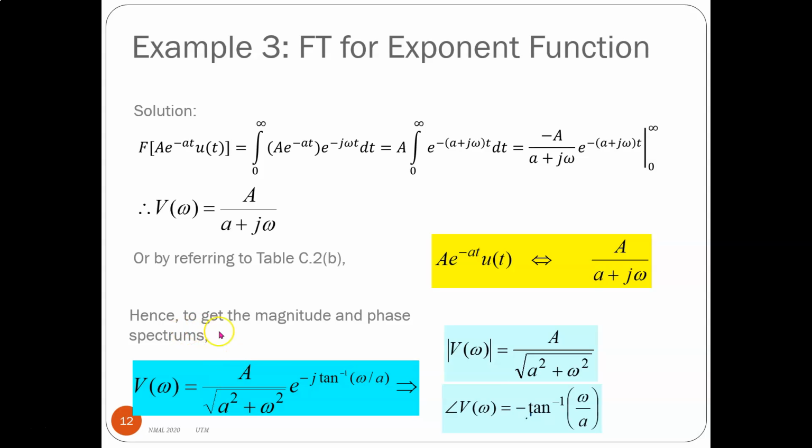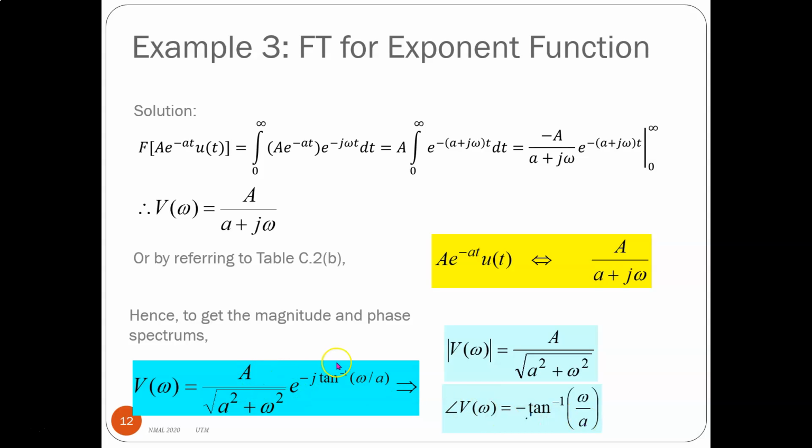So hence, to get the magnitude and phase spectrum, to get the magnitude, you use this formula. And for the phase, you calculate the arc tangent of omega divided by a, and the phase should be the negative of this arc tangent.